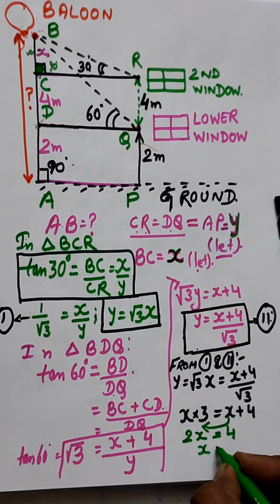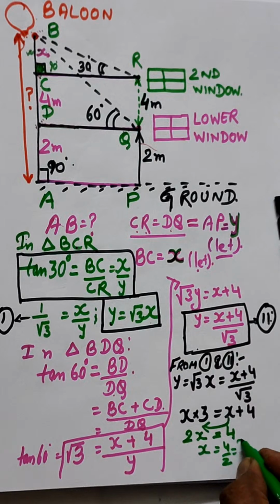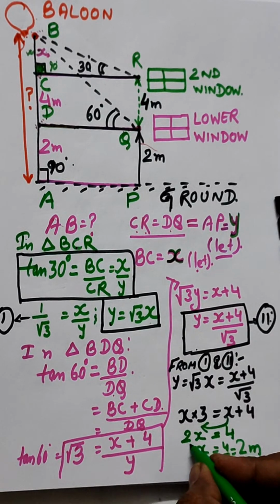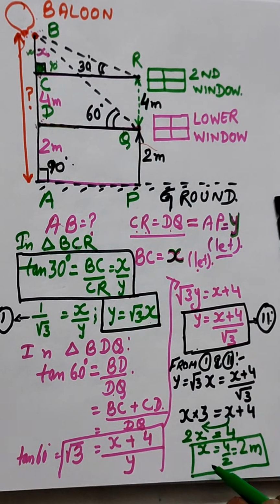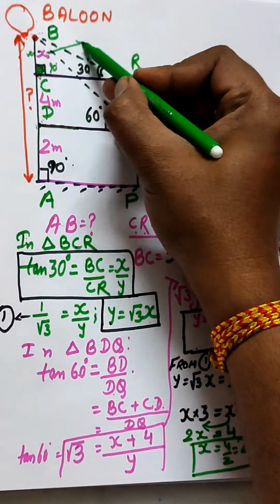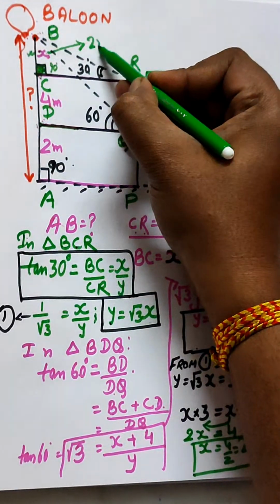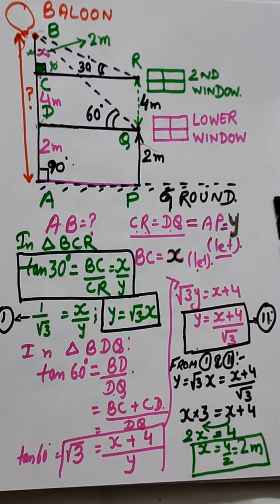This will give you the value of x as 4 by 2, equal to 2 meters. Right, we have solved this question now because the value of x is known to us, and it is 2 meters. This is calculated.